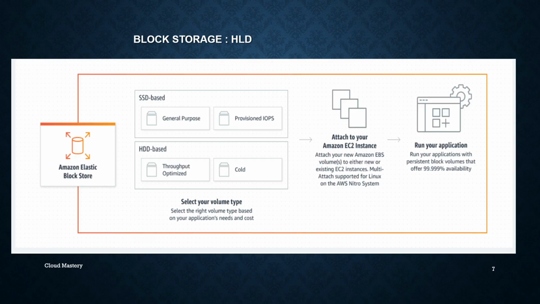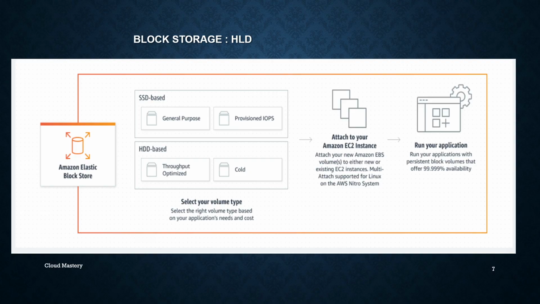Then you can attach this to EC2 instances, and then you can run your applications. Also, you can see here 99.999% availability for your block storage. So this is a very high level design. You can also see this in your AWS documentation, and whatever I'm covering in this session is all authenticated by AWS documentation only.